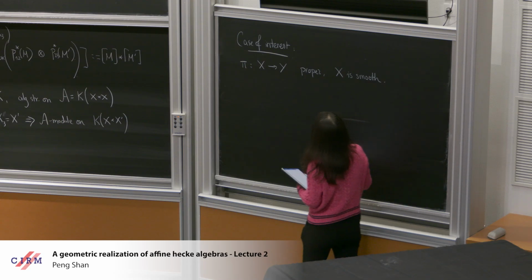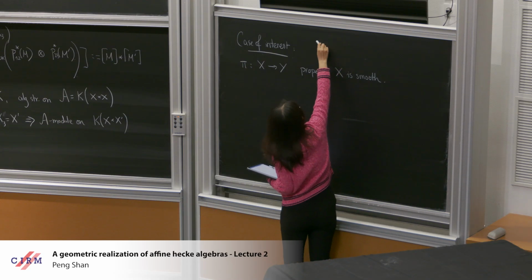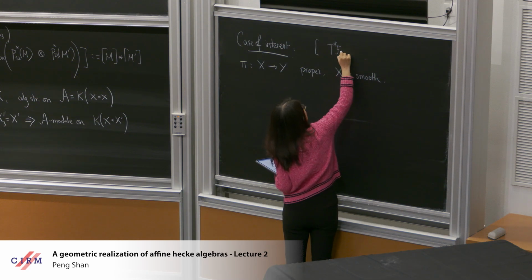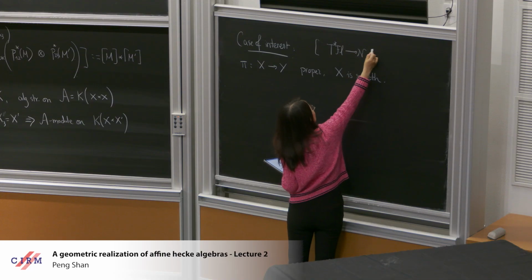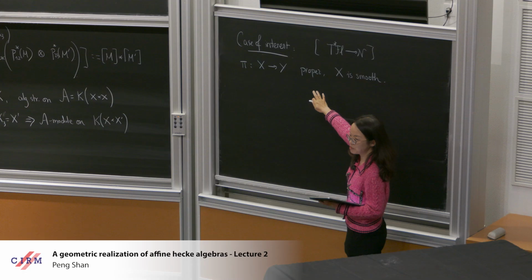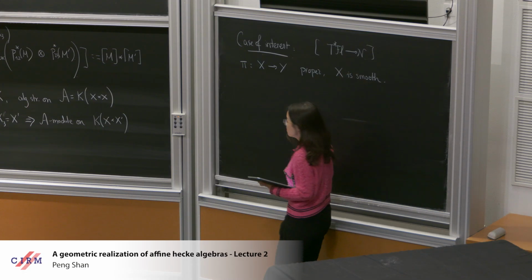For people who know, later on we'll be doing the cotangent bundle of the flag variety mapping to the nilpotent cone. This is such a map, but if this doesn't mean anything for you at the moment, I will explain it later. Don't worry.